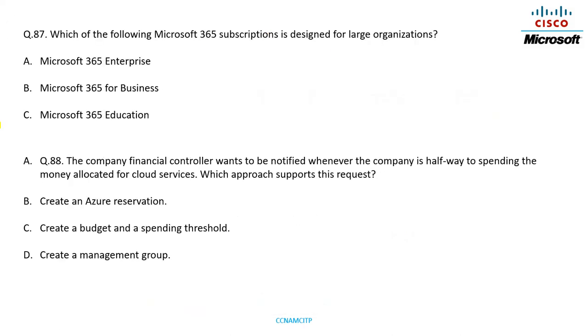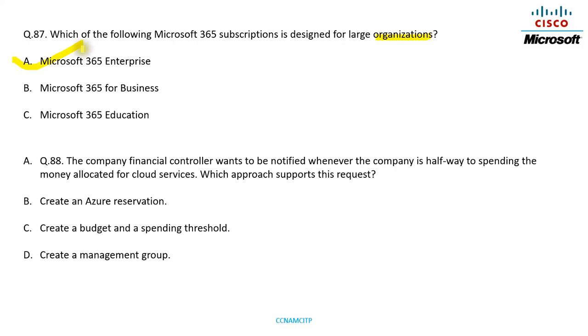And the next question, all questions are revealed here. Which of the following Microsoft 365 subscriptions is designed for larger organizations? So Microsoft 365 Enterprise, Microsoft 365 Business, or Education. So if it is talking about organizations, then it is Enterprise, because they need a larger number of users.